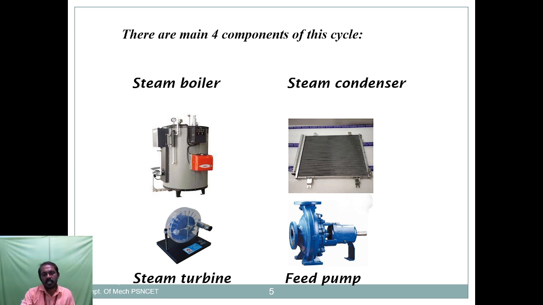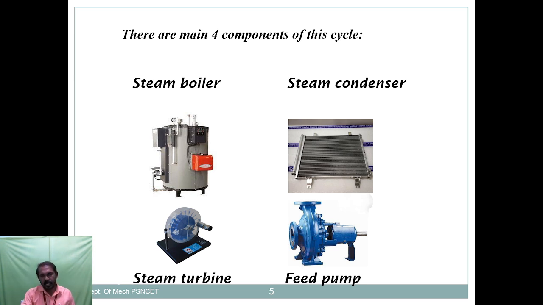Then the third one is a steam turbine. A turbine is a mechanical device that extracts energy from a fluid flow and converts it into useful work. This is called a turbine.